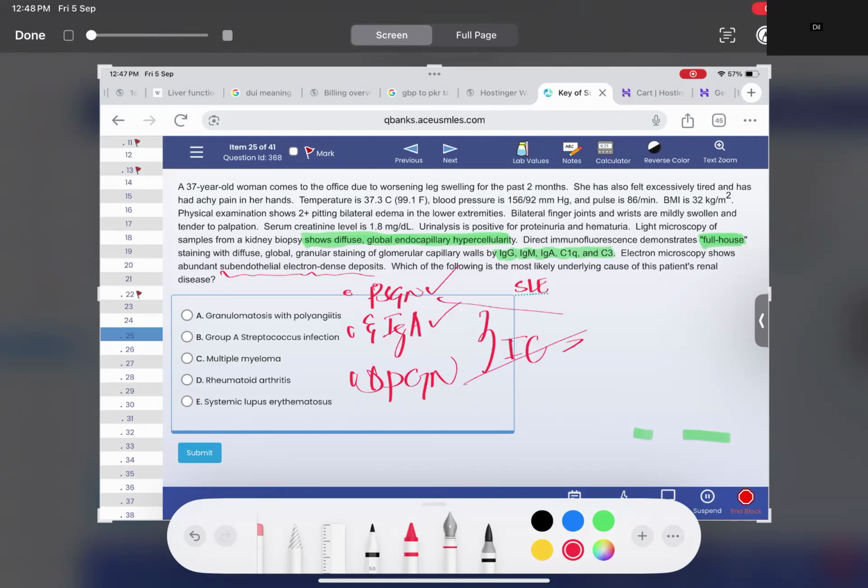Here it is subendothelial deposits, and here mesangial, got this? The full house is a classic hallmark for SLE. We don't see that in anything else. So what's your option? Option E.